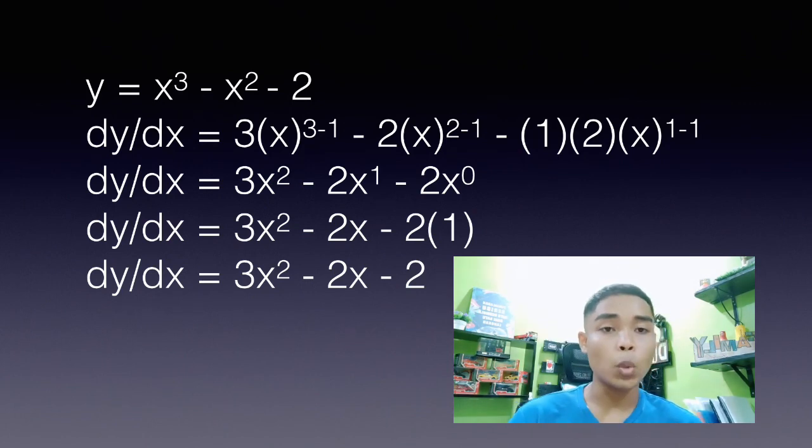So dy over dx equals 3x power of 2 minus 2x minus 2.